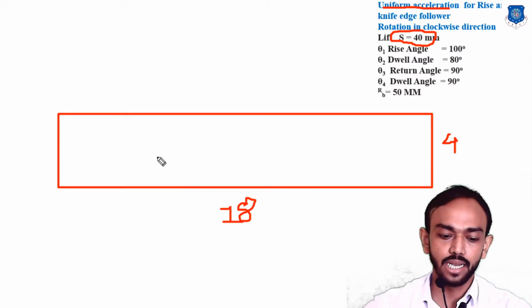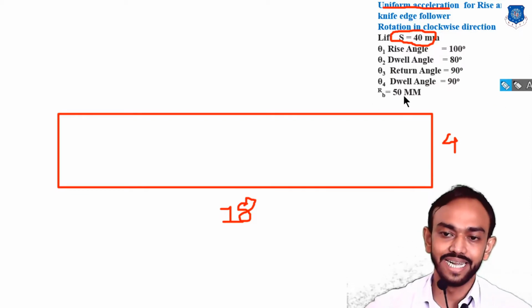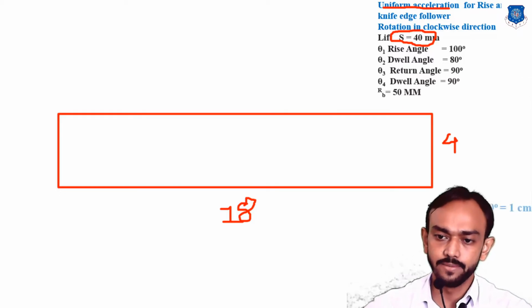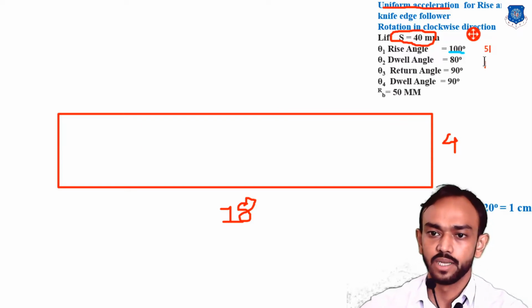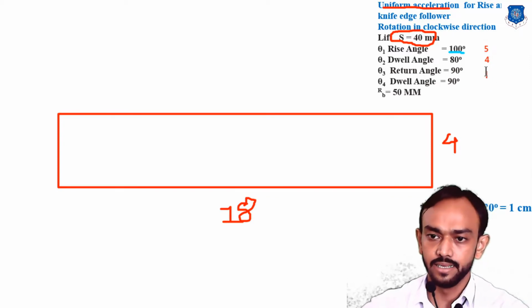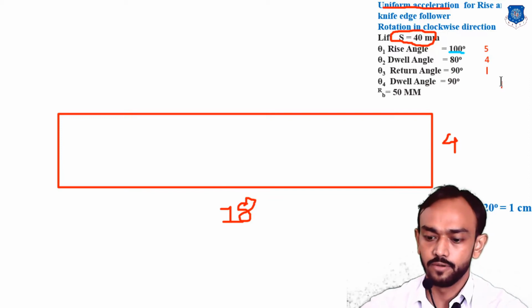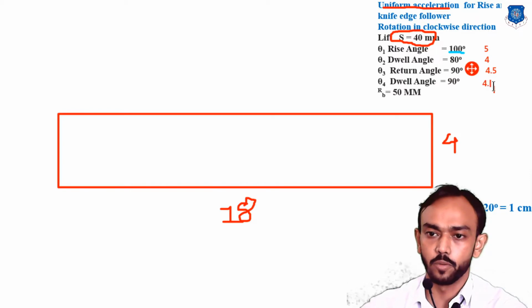After that you are going to divide this rectangle into 4 parts, because our scale is 1 centimeter equal to 20 degree. So always remember that 100 degree is equal to 5 centimeter, 80 degree is equal to 4 centimeter, and 90 degree is equal to 4.5, and again 90 degree 4.5.